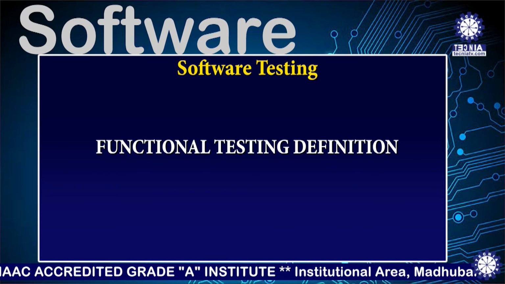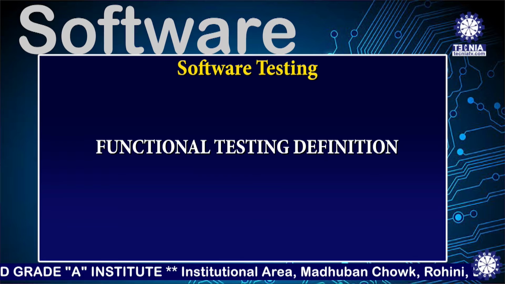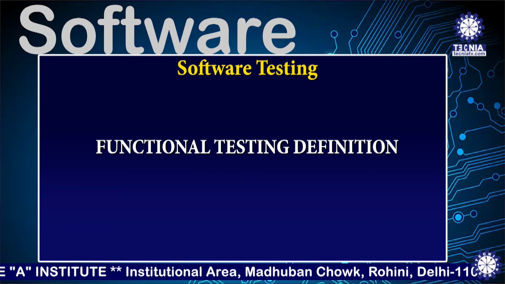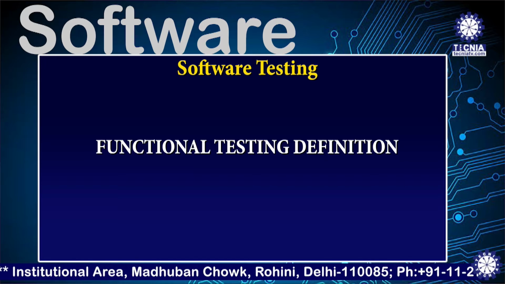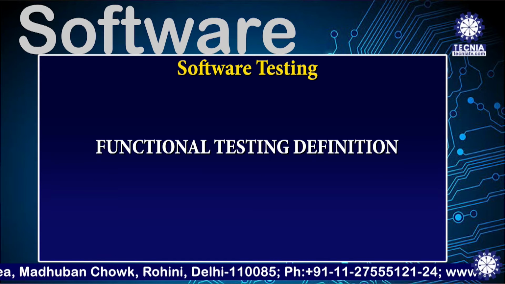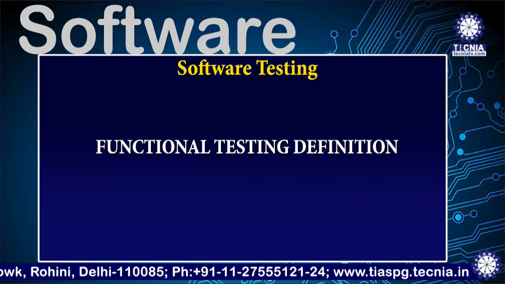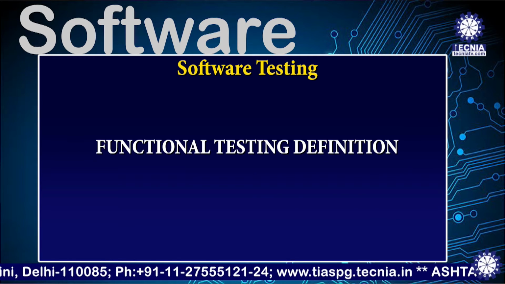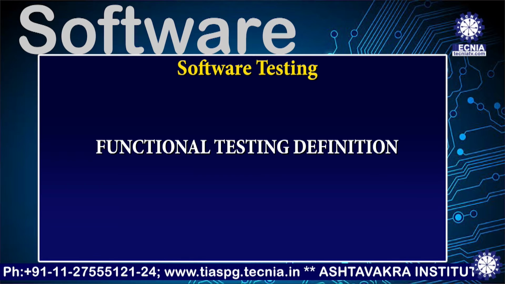In functional testing, we map whatever has been developed against the requirement. If the requirement is matching with the developed software, then we say that the software is functionally okay, and it satisfies all the functional requirements of the software.